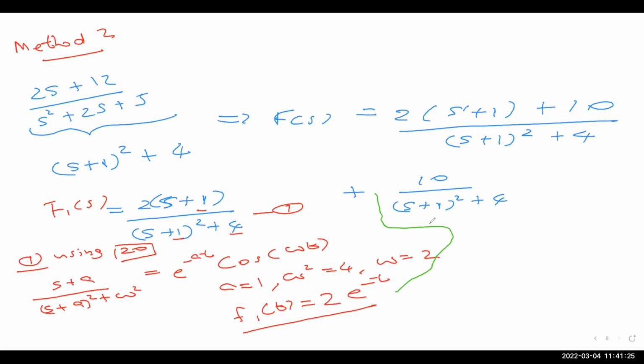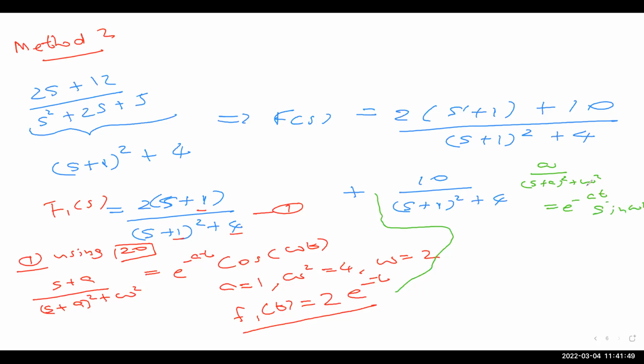For this part, we'll be using the relationship that omega over (s plus a) squared plus omega squared is equal to e to the power minus a t sine omega t, right?